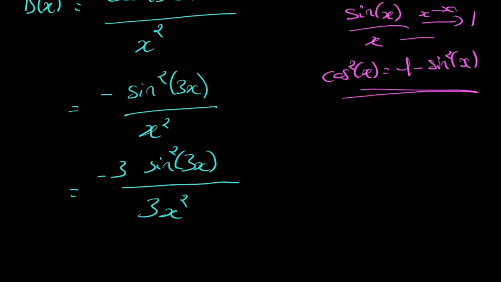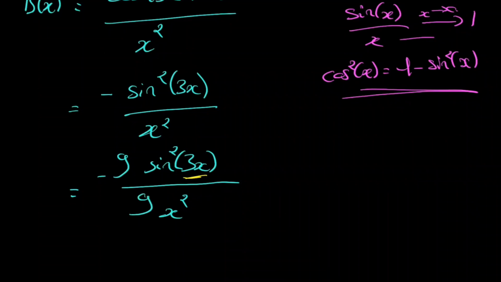You see that I just multiplied at the top and at the bottom by 3. And now we have the exact same things in the sinus. We will multiply by 9, because we want to have this angle squared here, so the 3 has to be squared as well.